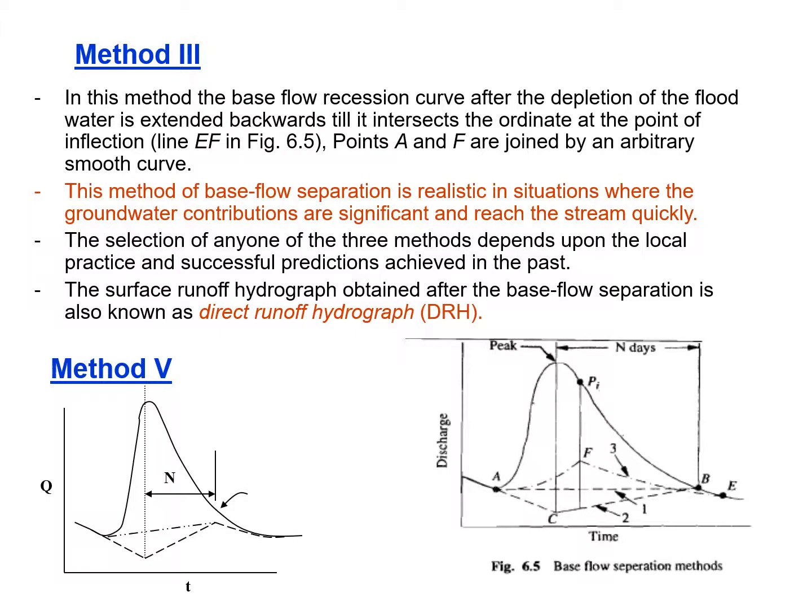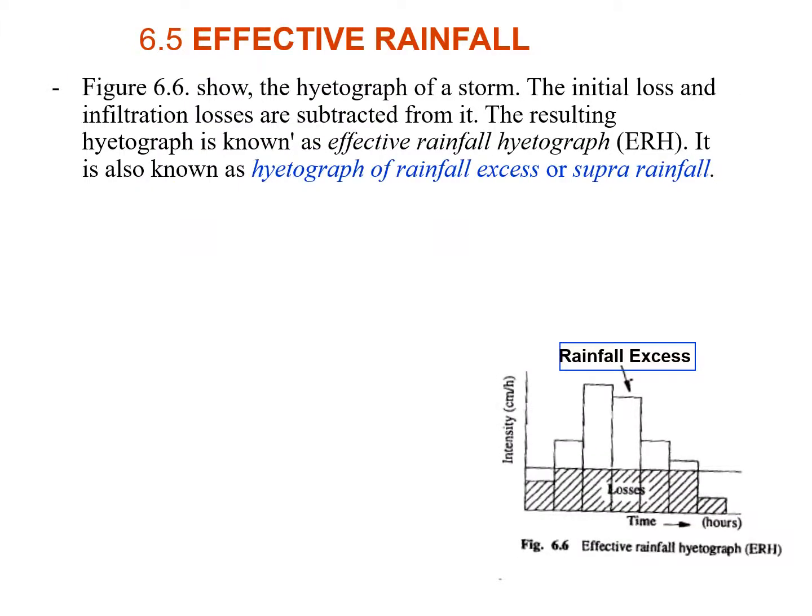The surface runoff hydrograph obtained after the base flow separation is also known as the direct runoff hydrograph, DRH. Effective rainfall: in figure 6.c, the hyetograph of the storm has the initial loss and infiltration losses subtracted from it, so this is just pure storm.